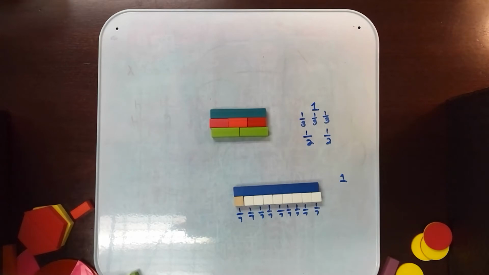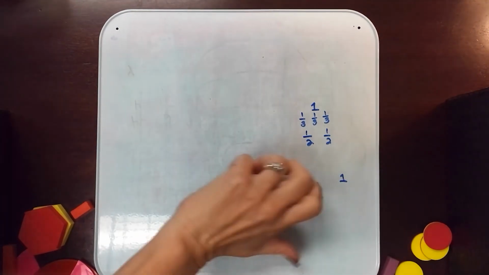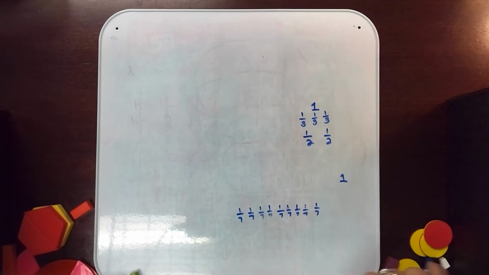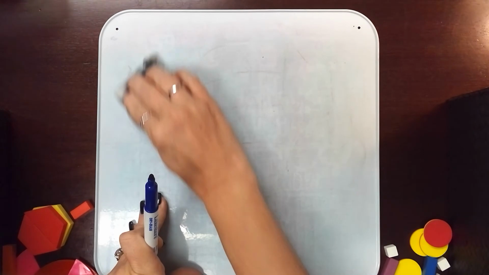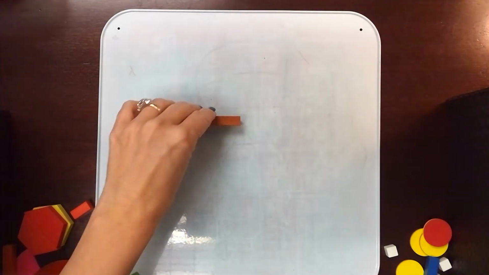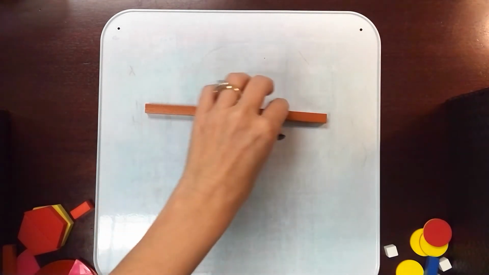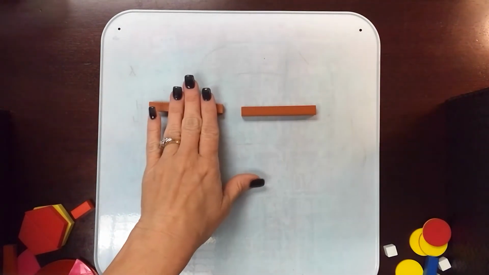Okay. The next thing that students will be doing these first 7 days is they'll be looking at partitioning objects. Okay, I would start out with real objects. Okay, so let's say I have 2 of these, and we can pretend that these are cookies.